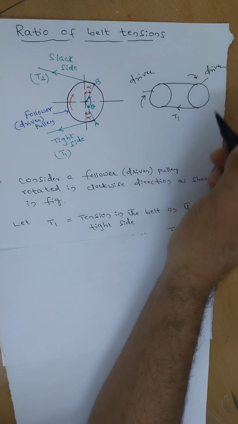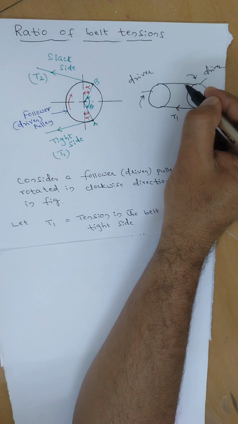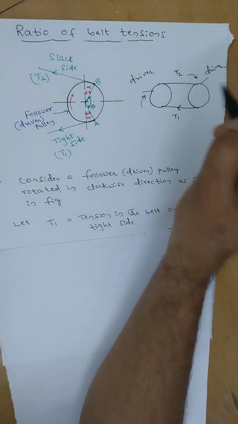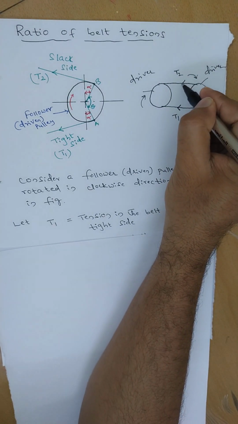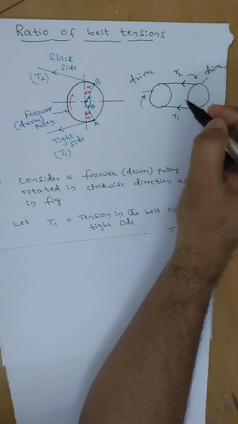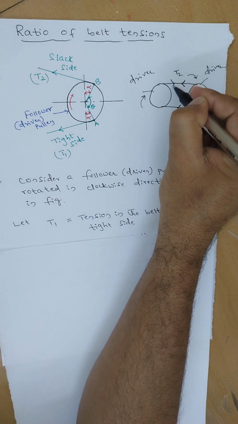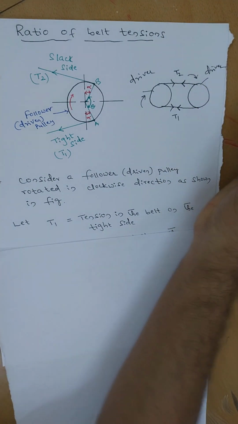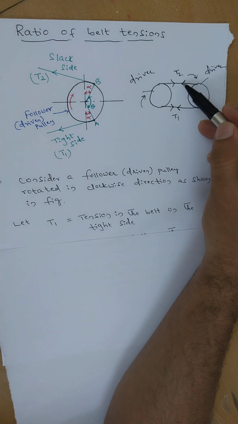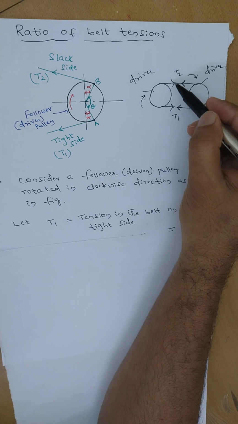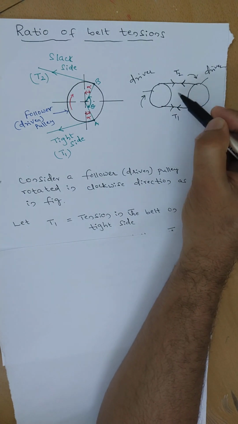It is denoted by T1, and here it is T2. So the direction of the tensions is like this. On the follower side, these two directions T1 and T2, and on the driver side T1 and T2 in these directions.